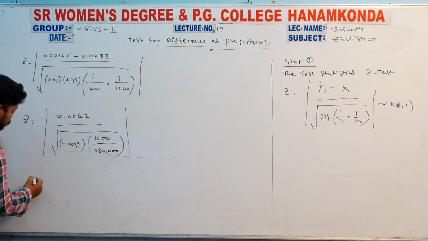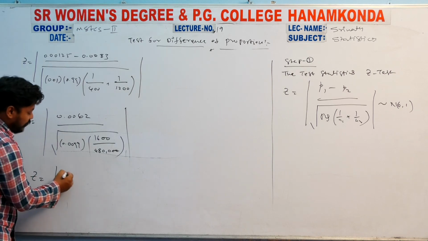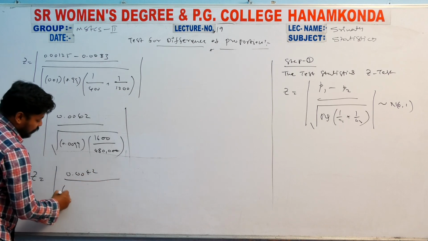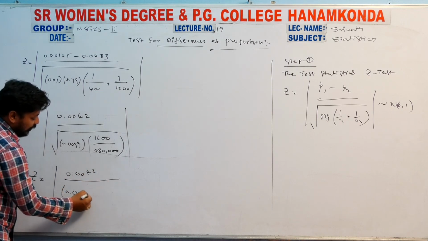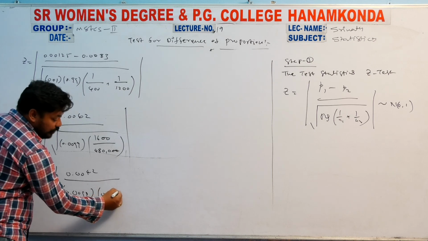Cancel, and you can write 0.0042 by 0.0099 into 0.0033.